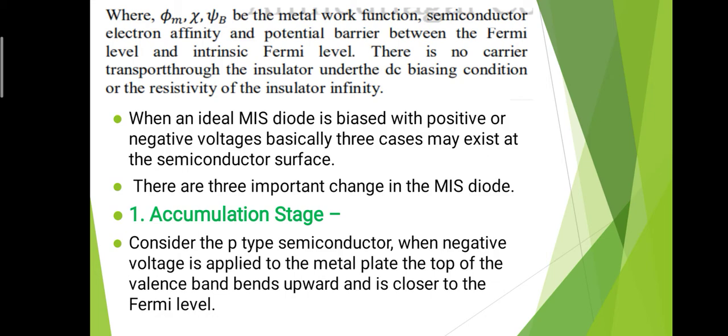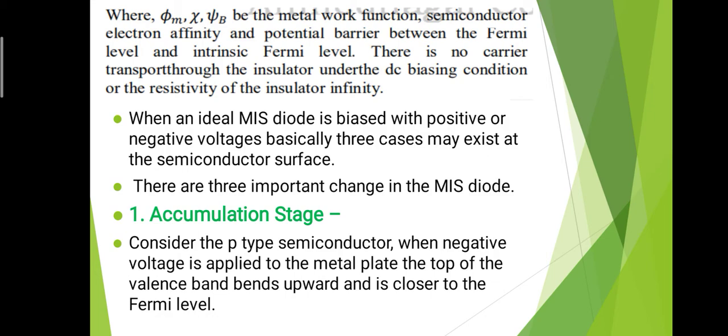When negative voltage is applied to the metal plate, the metal plate is negatively biased and the top of the valence band of the semiconductor bends in an upward direction, that means towards the Fermi level.